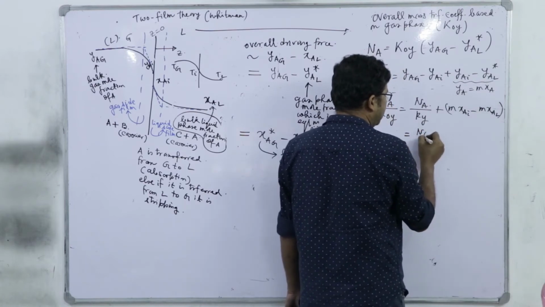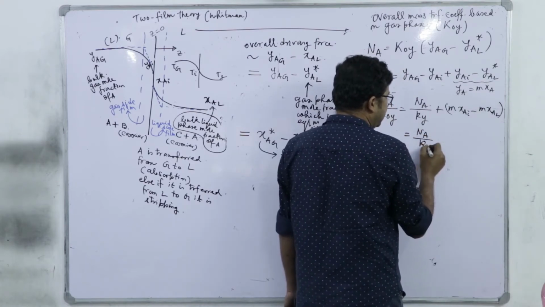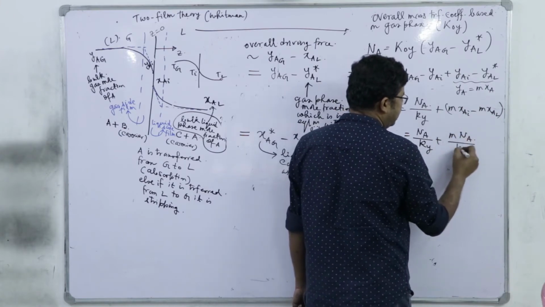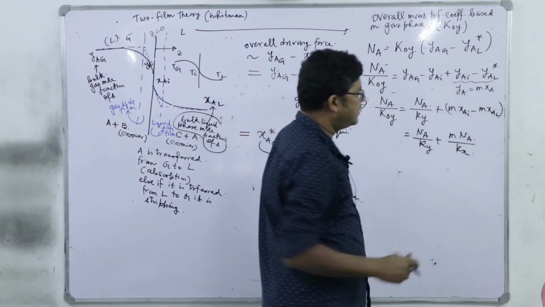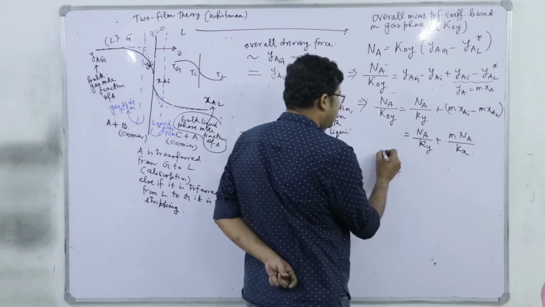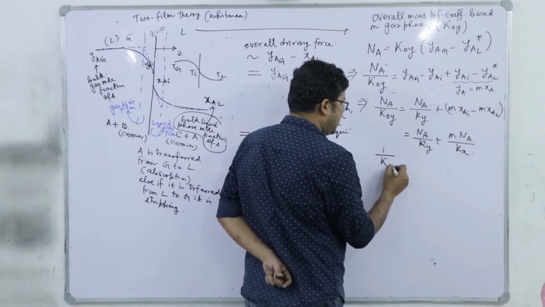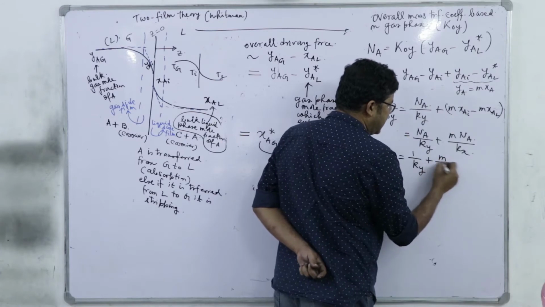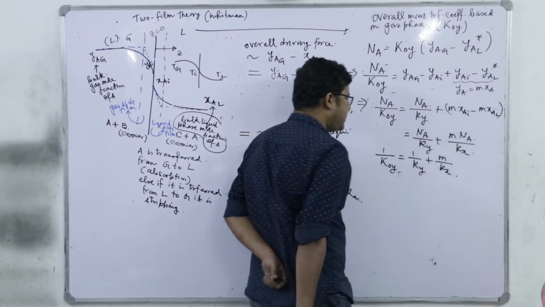So, this is Na divided by ky plus m Na divided by kx, because xai minus xal will be Na divided by kx. So, immediately we get 1 by koy is equal to 1 by small ky plus m by kx, right.